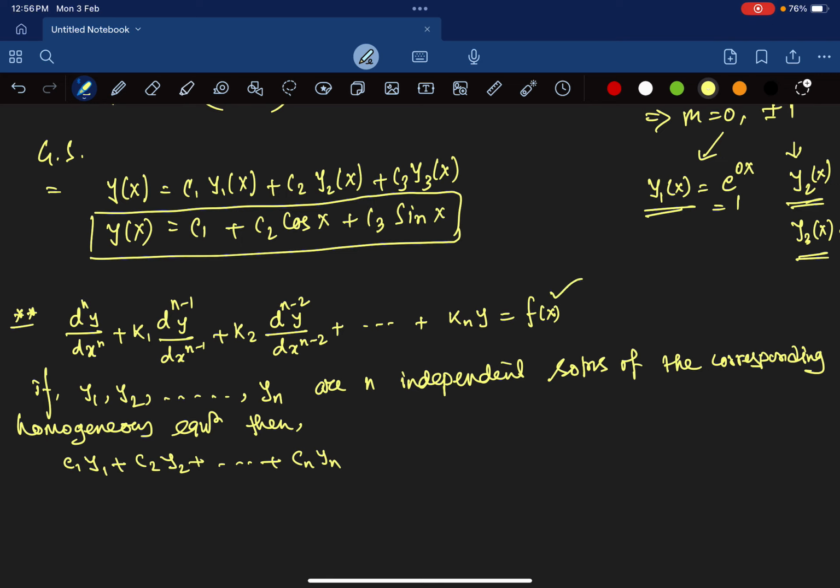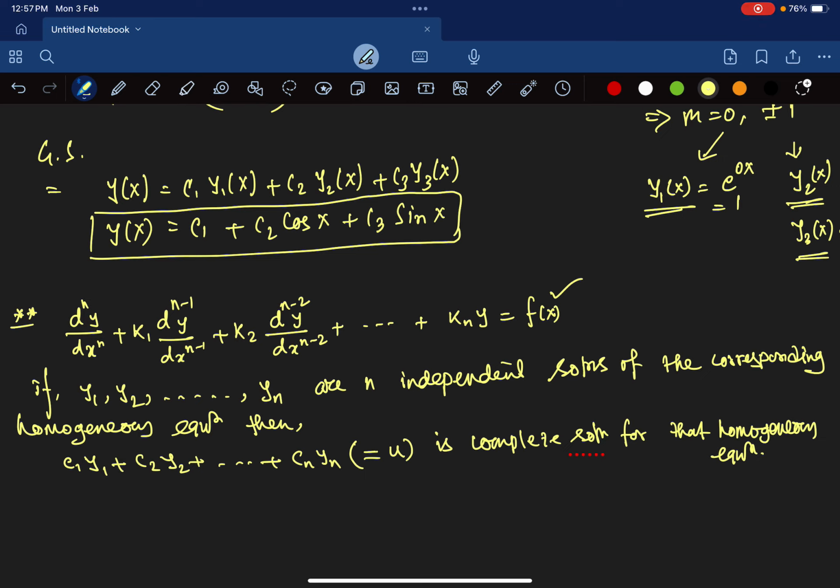But we are dealing with a non-homogeneous equation. So c1 y1 + c2 y2 + ... + cn yn, suppose we call it u, is the complete solution for that homogeneous equation. That will be contributed from the homogeneous part.